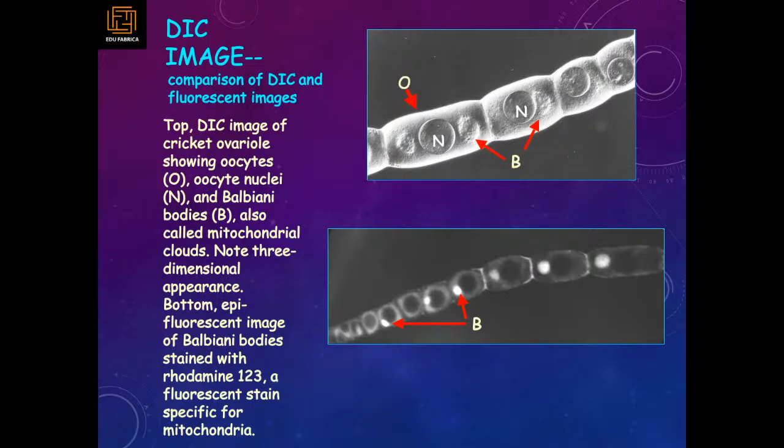This is one example of DIC fluorescent images. In the top one here, what we're seeing is the ovariole, the oocytes of a cricket, the insect.